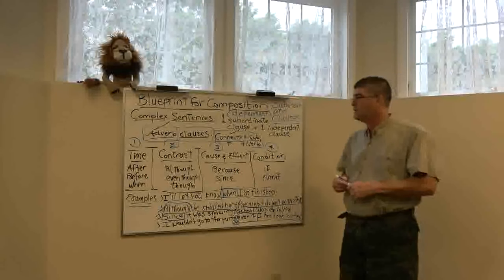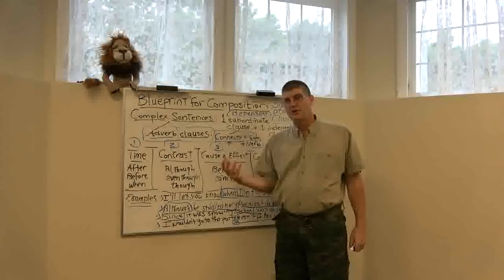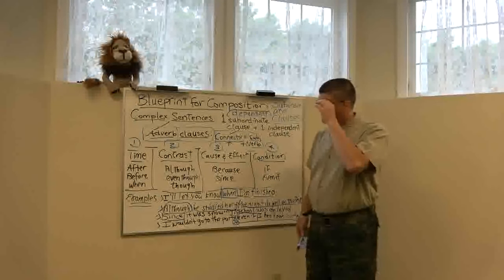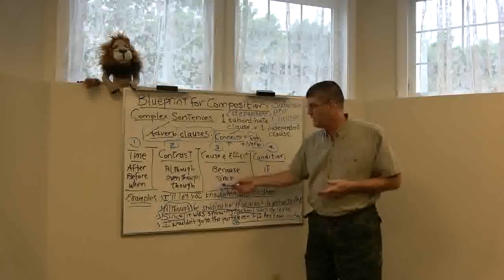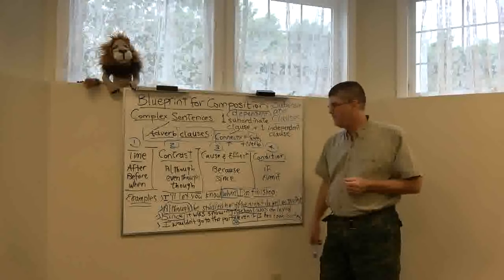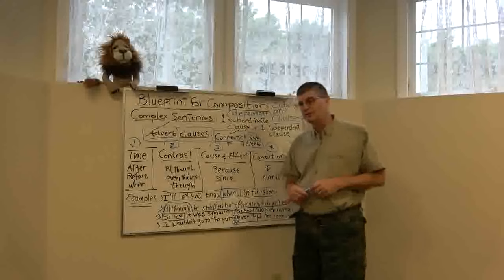about locations of adverb clauses in complex sentences in terms of punctuation. So the first rule is that when the subordinate clause follows the main clause, as in this example and the fourth example, you do not need a comma in between the two clauses.